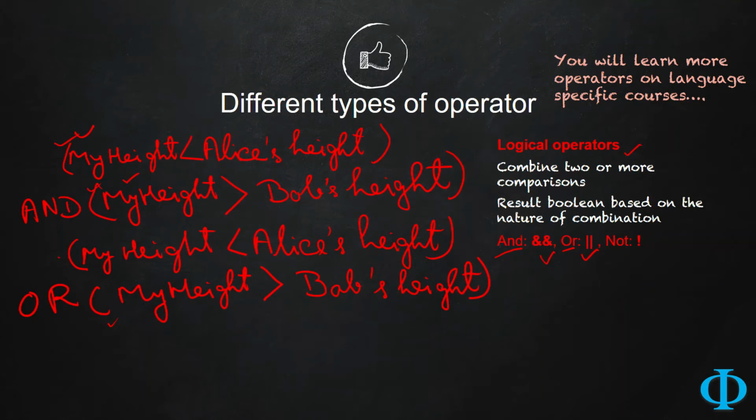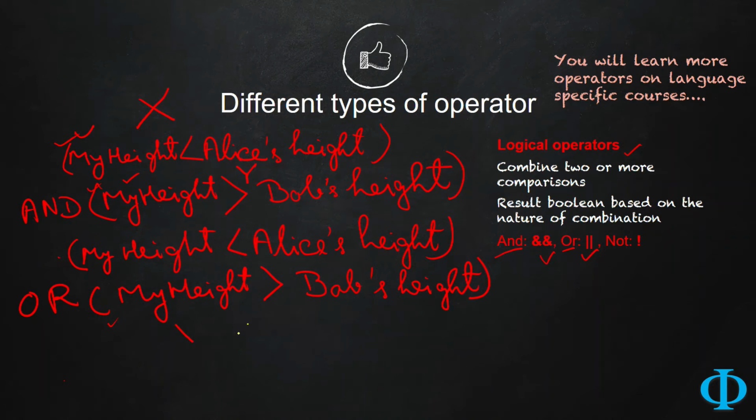Let's say my height is less than Alice's height; we note this entire comparison as X. And this other comparison, my height is greater than Bob's height, we write as Y. Let me change the color of the pen, that will be helpful.